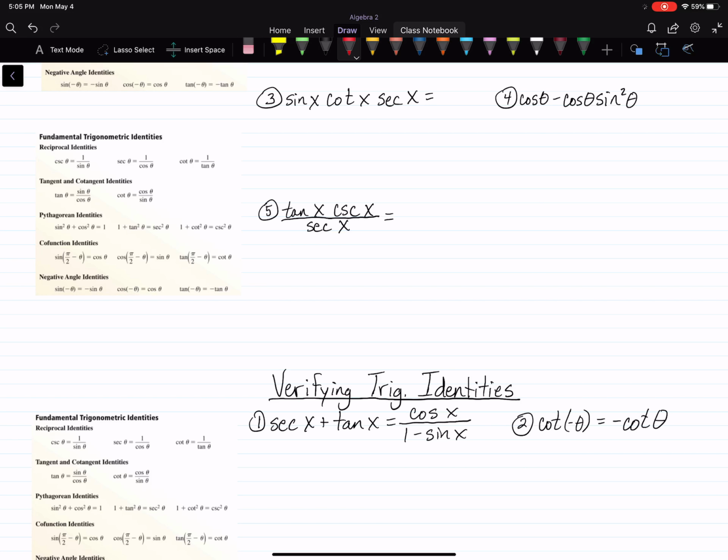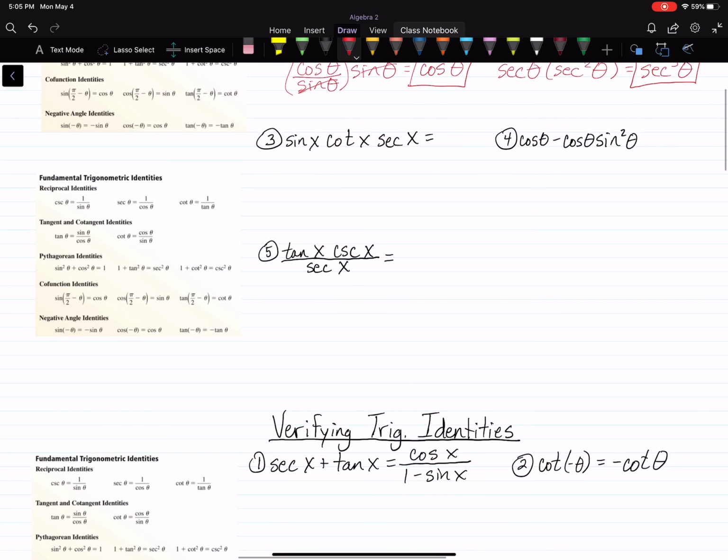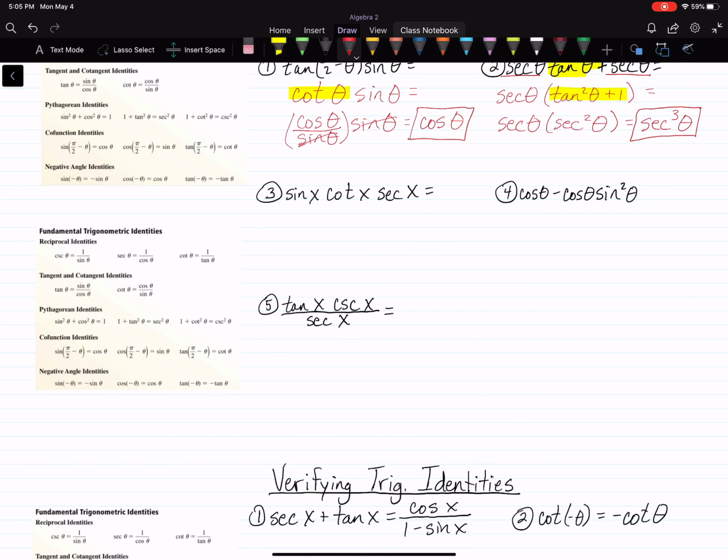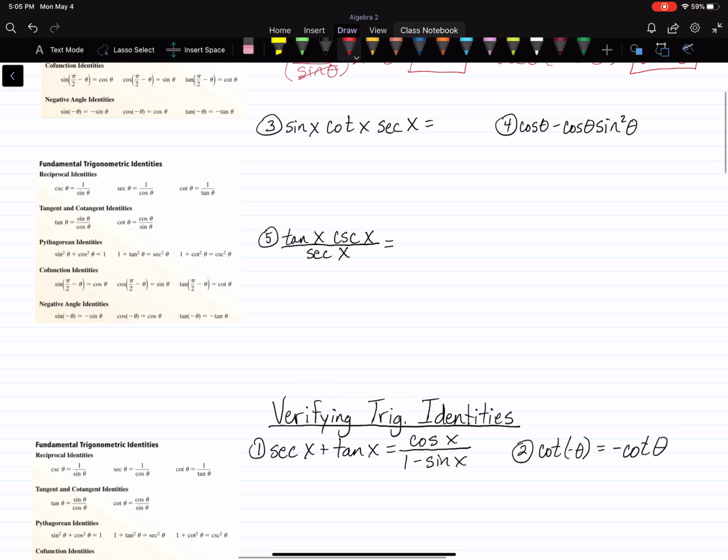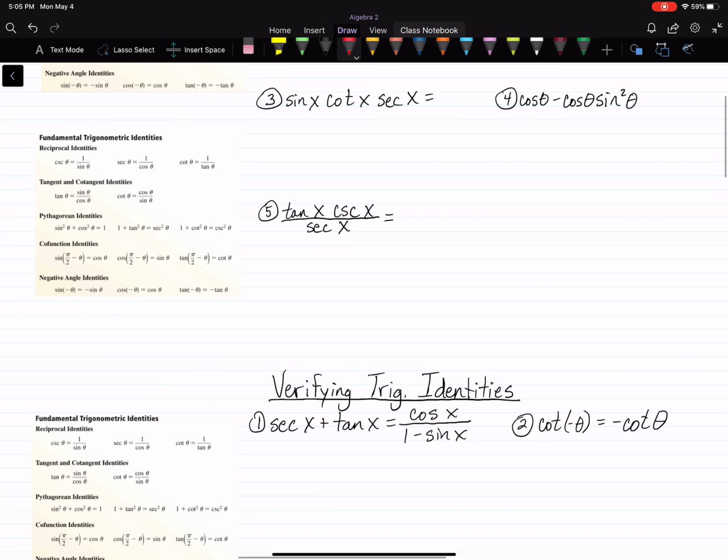Notice sine x, cotangent x, secant x. There are no squares, no negatives, no minus thetas, nothing like that. It's just good old sine, cosine, cotangent and secant. So this is a perfect example of a problem where we change everything to sine and cosine. The sine x is not going to change. It stays sine x. Cotangent x, we've already talked about it.